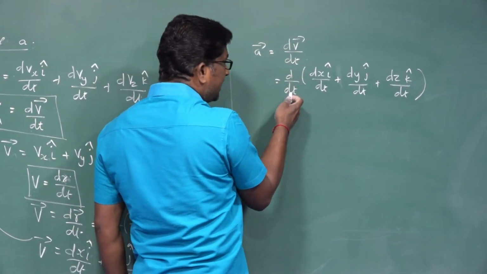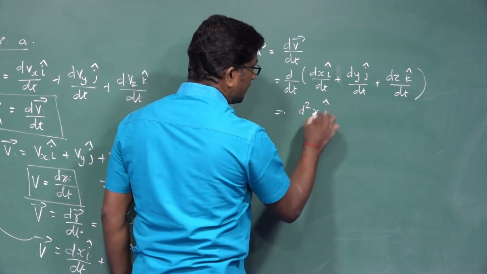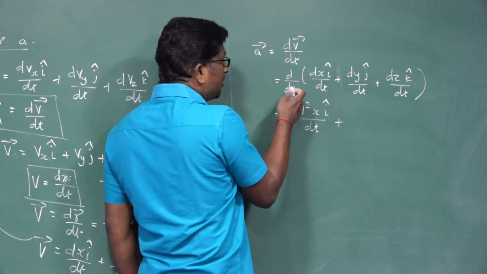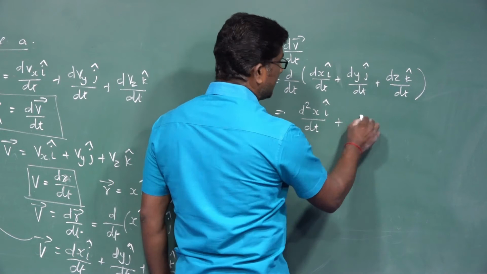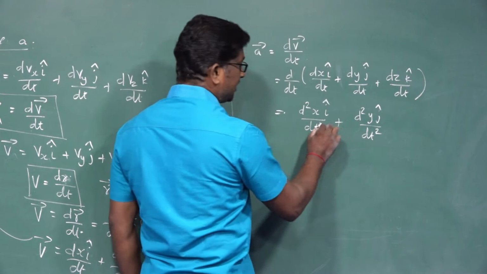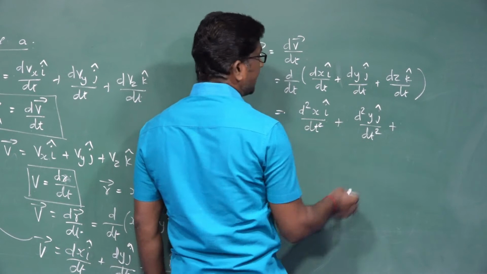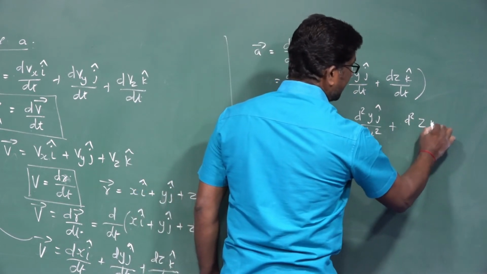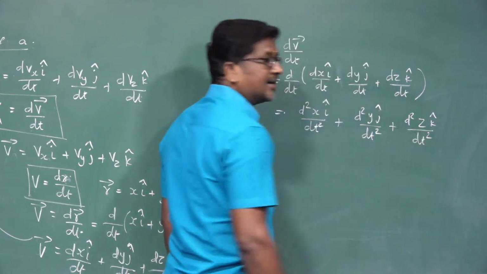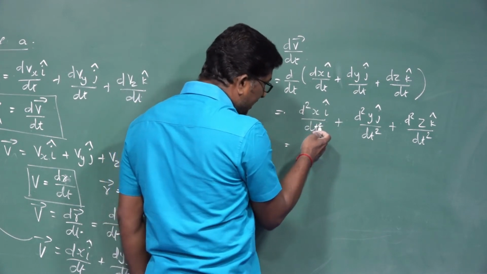So d divided by dt into dx i cap divided by dt is d square x i cap divided by dt square, d divided by dt into dy j cap divided by dt is d square y j cap divided by dt square, plus d square z k cap divided by dt square, right?